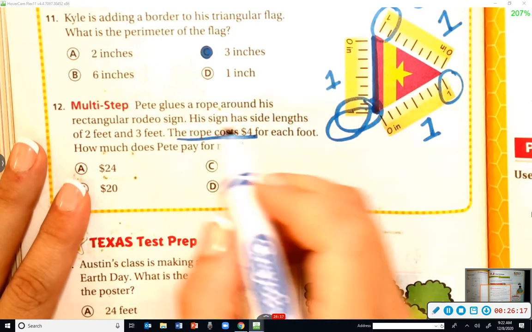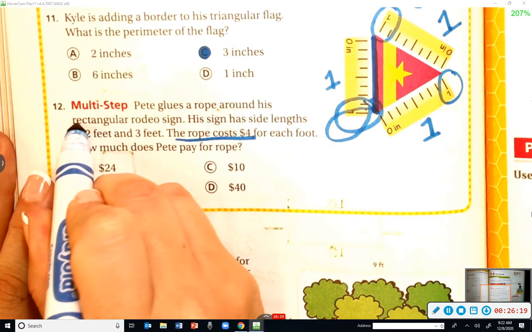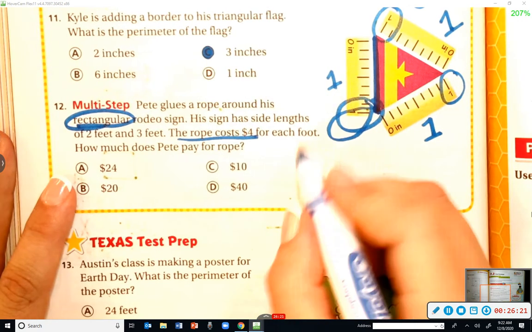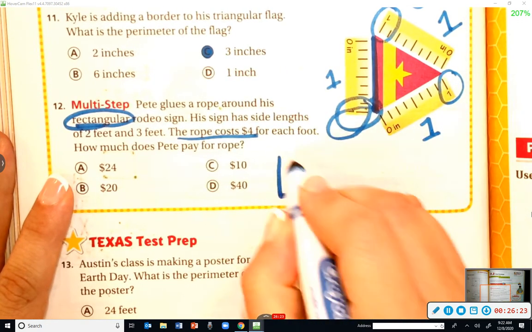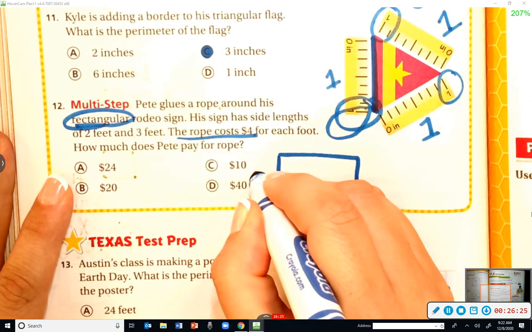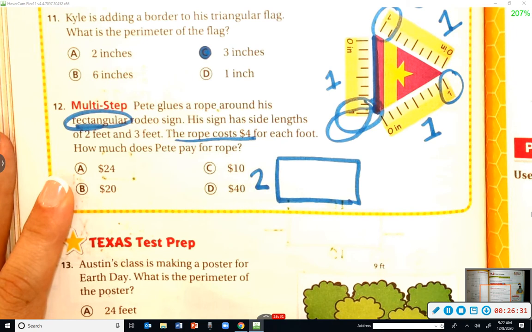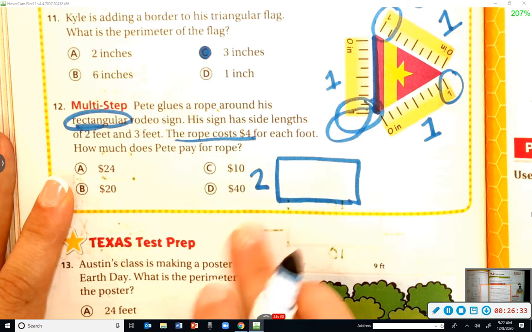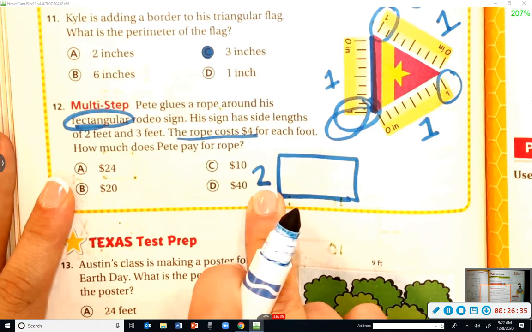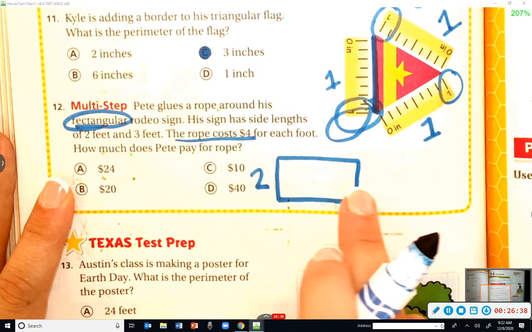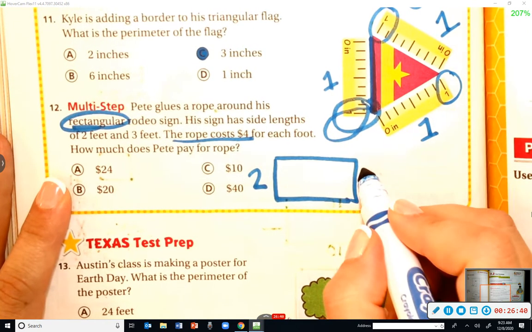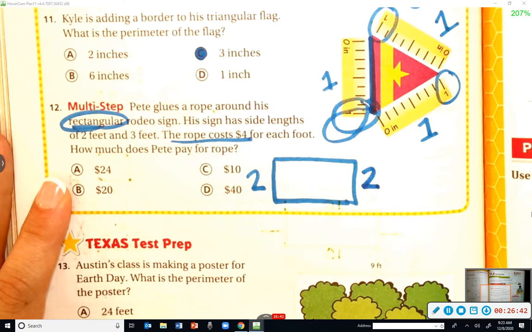Okay? The sign is a rectangle, right? Rectangles are special because if I have a 2 on this side, then what? Everybody. If it's 2 over here, Evangeline. The 2 goes on the other side. When I say everybody, that means everybody should be answering.